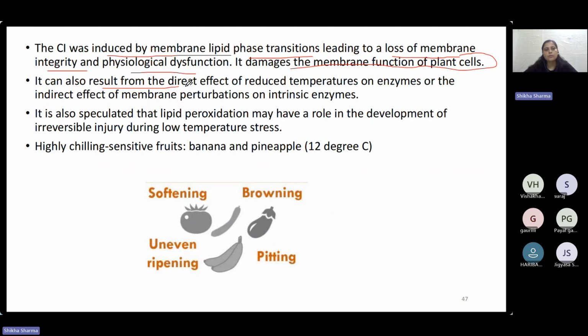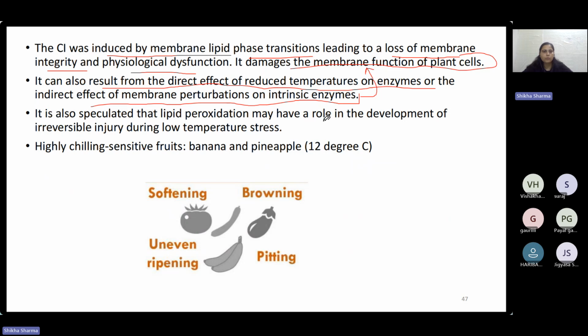It can also result from the direct effect of the reduced temperature on enzymes or the indirect effect of the membrane perturbations on intrinsic enzymes. So because of chilling injury, there can be an effect on the enzyme, and because of the enzyme, there will be an effect on the membrane and the texture of the food product also.